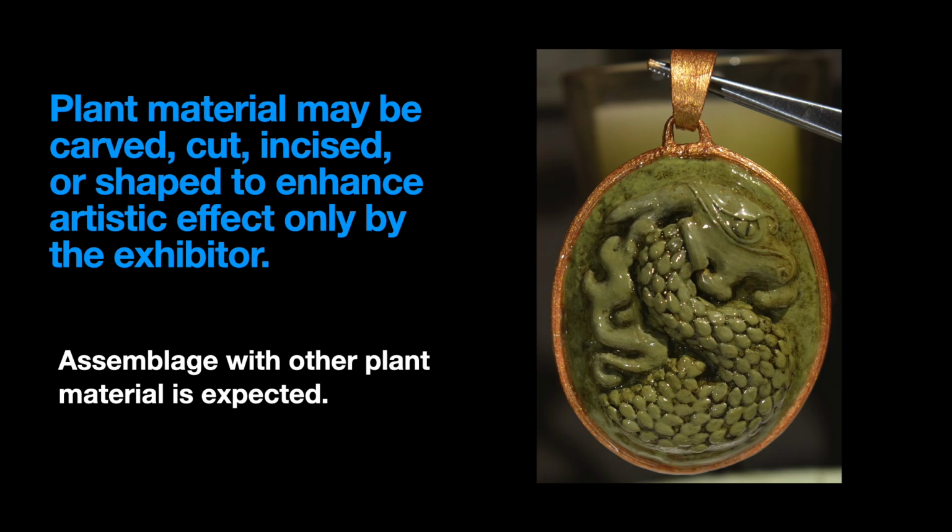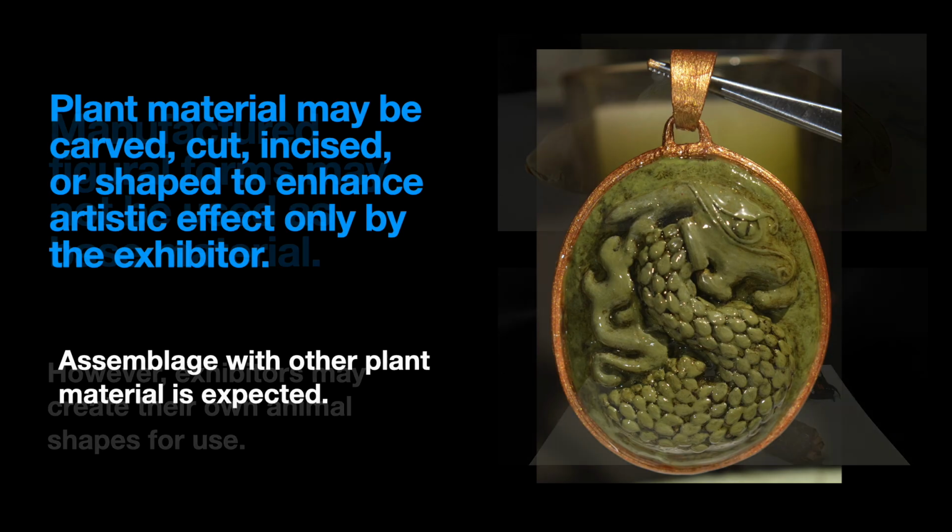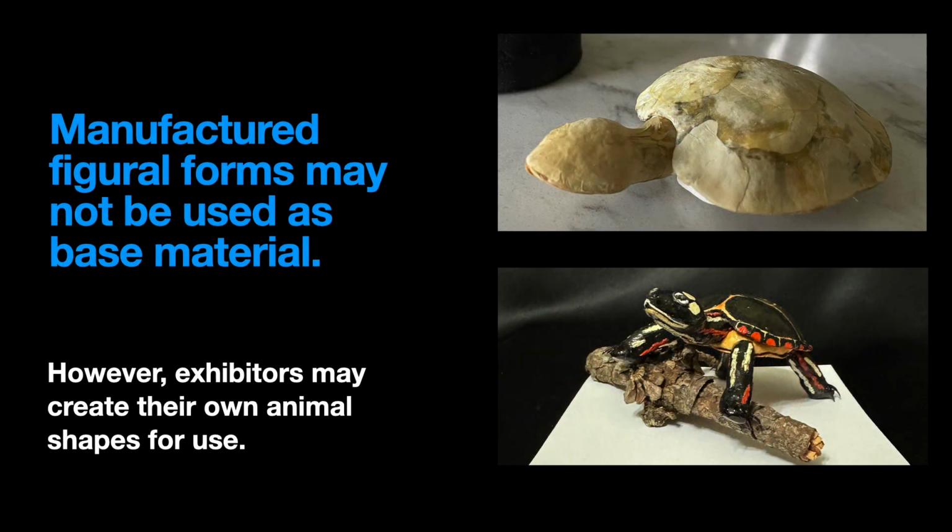So in other words, this dragon was done by cutting out all the negative space to create this cameo. But the judges do want you to put other plant material with that carved out piece. So in other words, again, this was done and then sesame seeds were applied and rattan on top of that before it was painted.